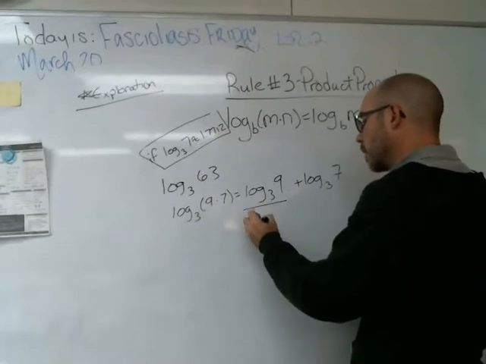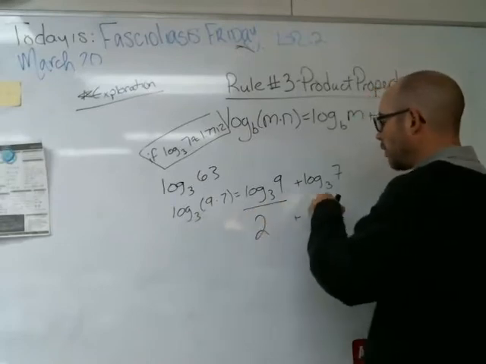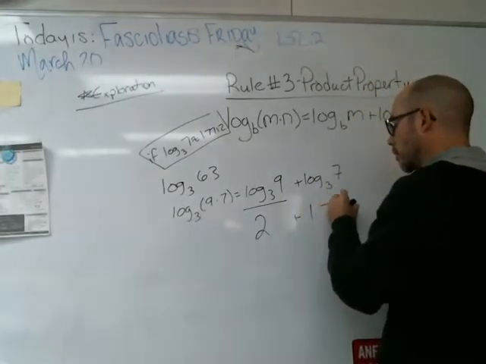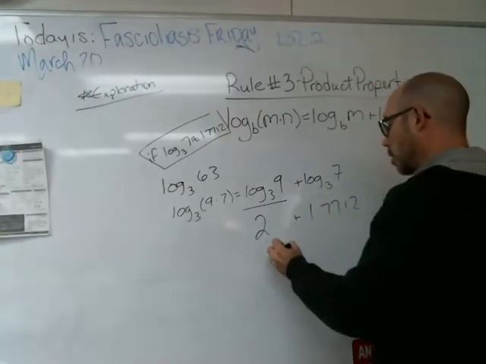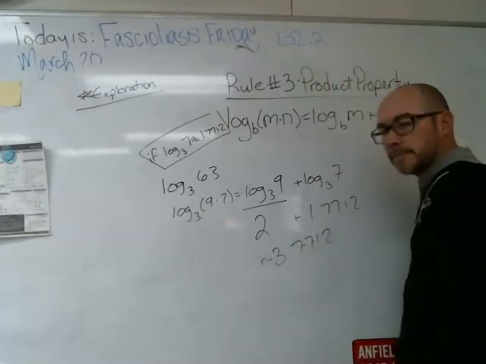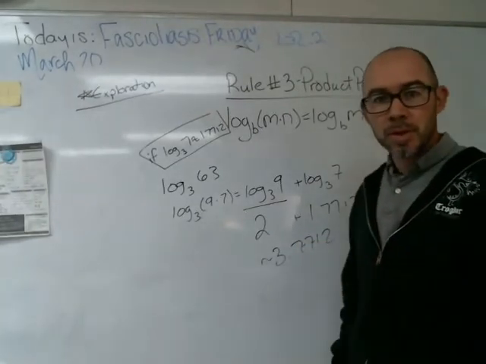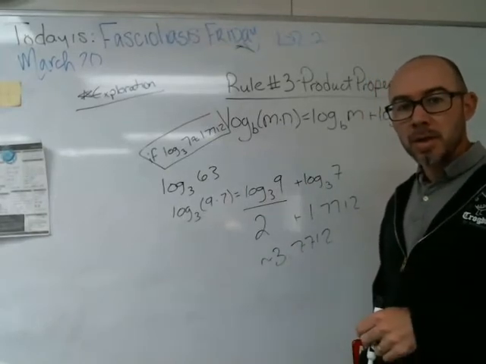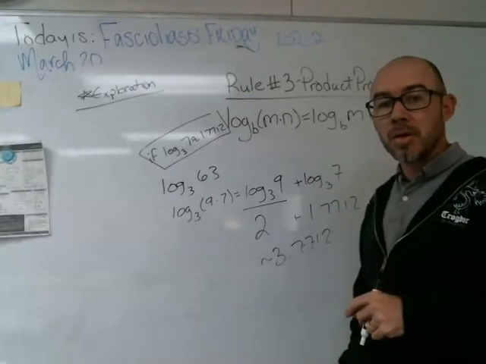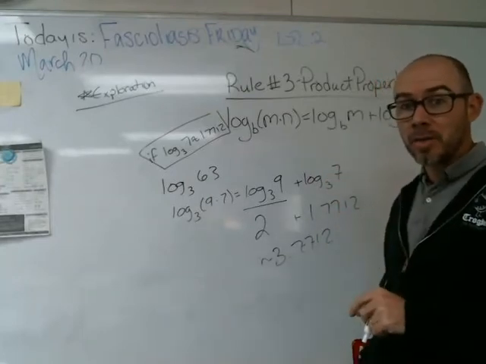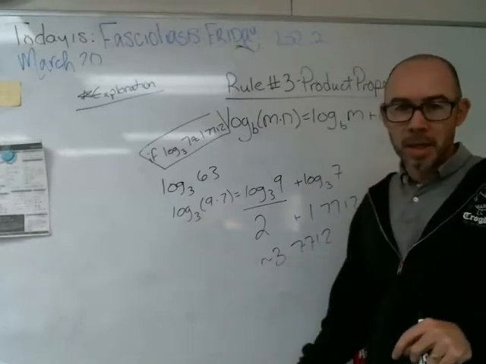It's 2. And log base 3 of 7 is given to us as 1.7712. We add those together, 3.7712 approximately. If you double check on your calculator, take log 63 over log 3, or ln 63 over ln 3, you'll get about that same answer.